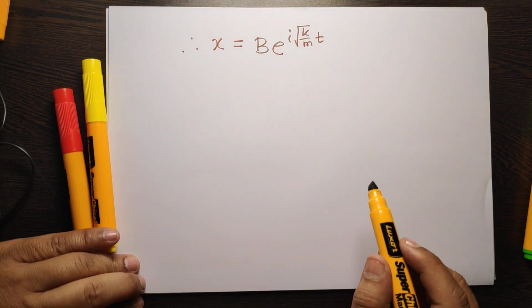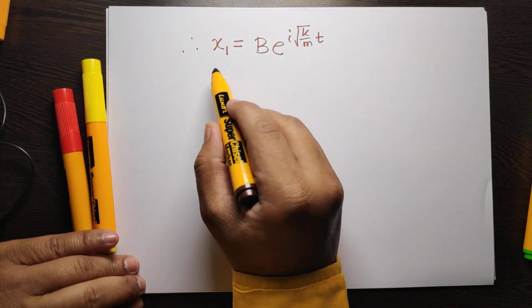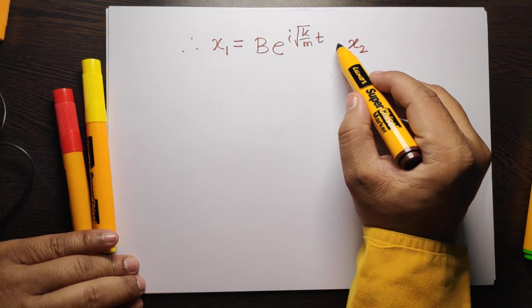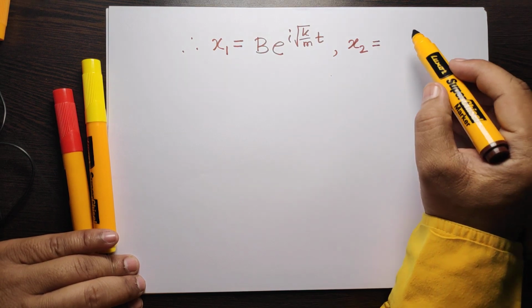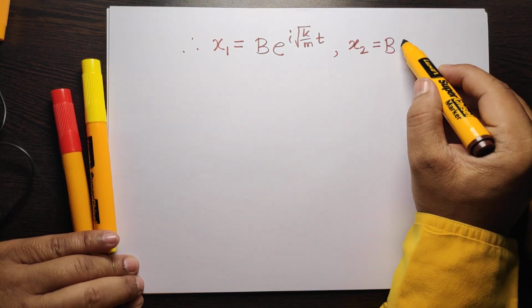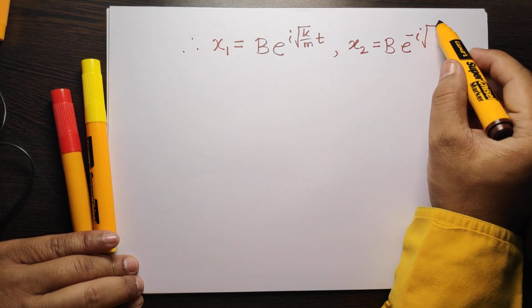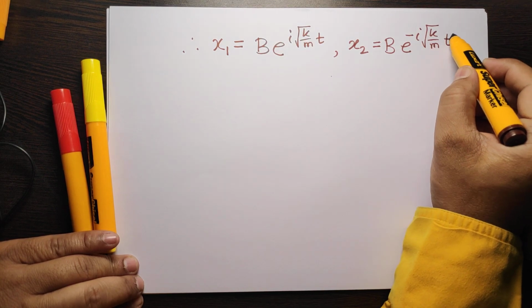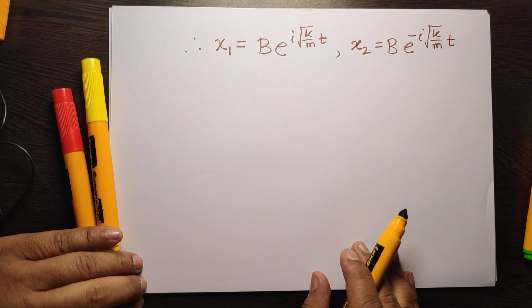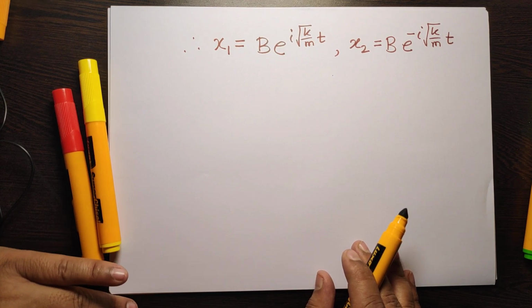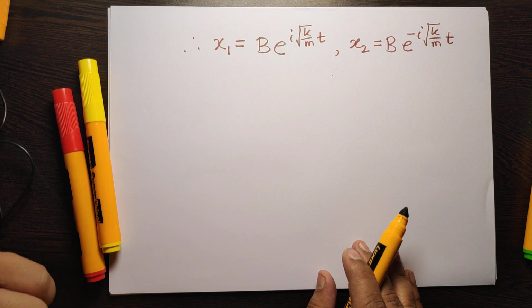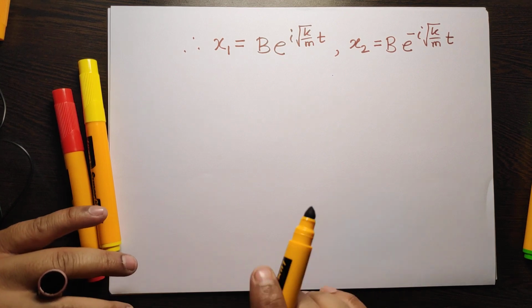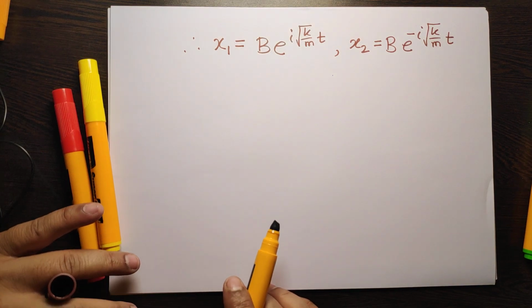This is one solution, let's write this as x1, and the second solution is b e to the power minus i root k by m t. Now obviously the solution will not be complex. If you solve for x, x cannot be a complex number, it is a real oscillation happening, it should be a real number, but the solutions are complex.